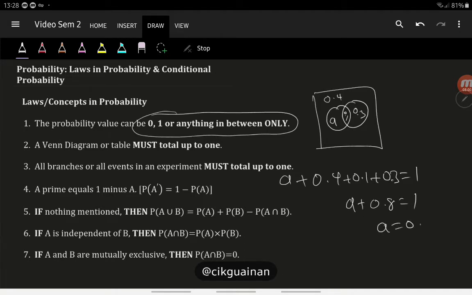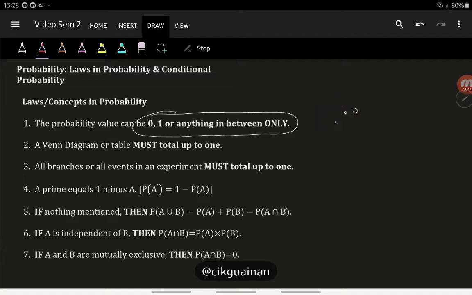So A is 0.2. Now how are we going to know whether our Venn diagram is correct or not? We total every probability inside each region, and it should total up to 1. This is what I meant with the second concept.